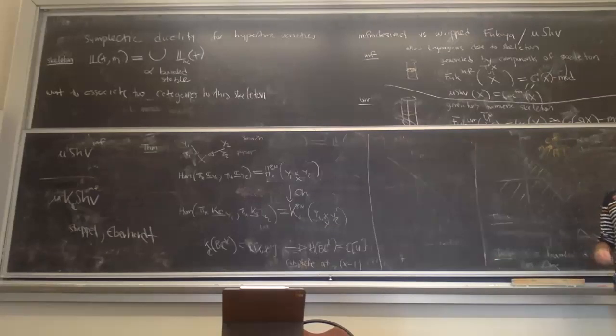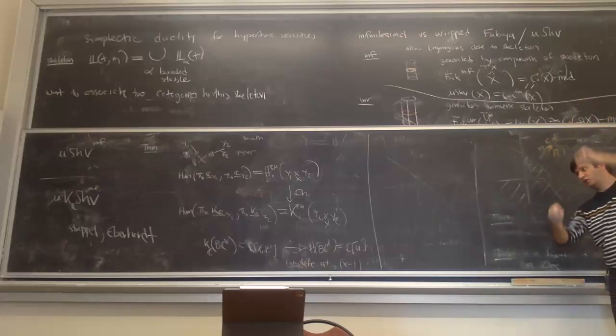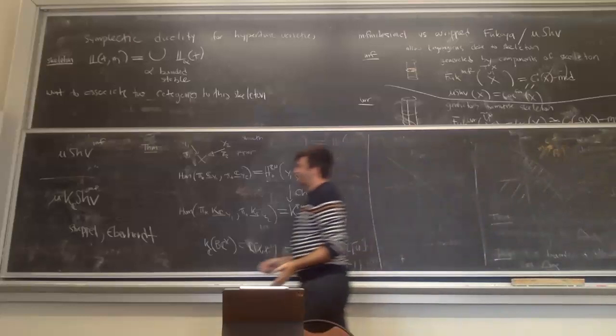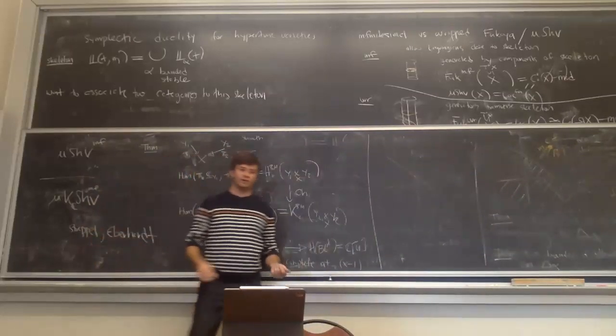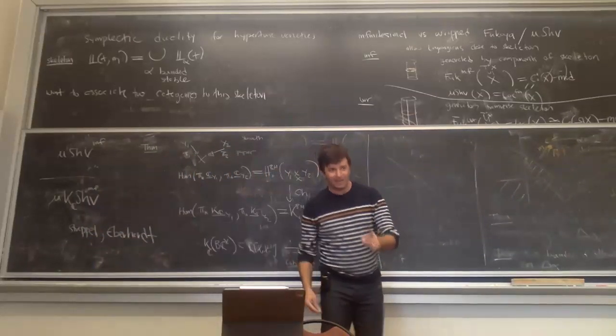So you need to work with motives if you want to have the lift of the Hodge grading. Then it has a Betti realization to homology and a K theoretic realization to these K motives, and the duality that just lives on the motives swaps these two realizations. So when you pass to the Z2 thing, that's why I'm getting this horrible equivalence. But let me show you why I did this.